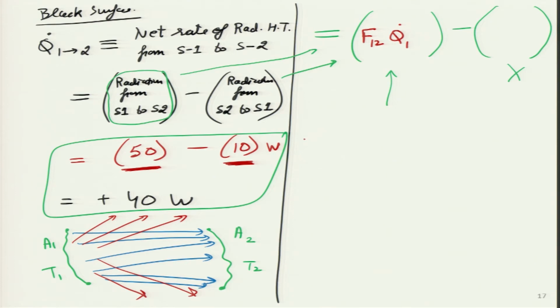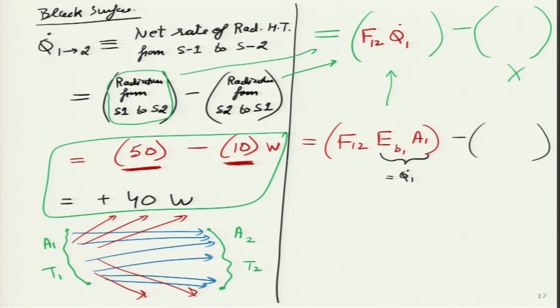And what is q dot 1? Let me explain it a little further. For a black body, it is the total emissive power multiplied by area. This whole thing is q dot 1. So the first bracket is simply q dot 1, which is EB1 into A1 multiplied by F12.